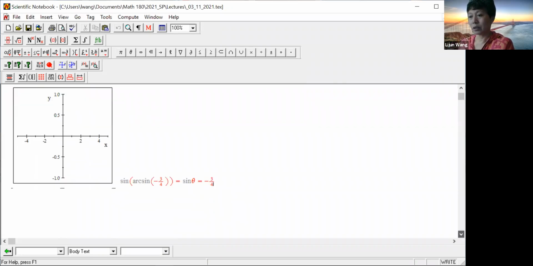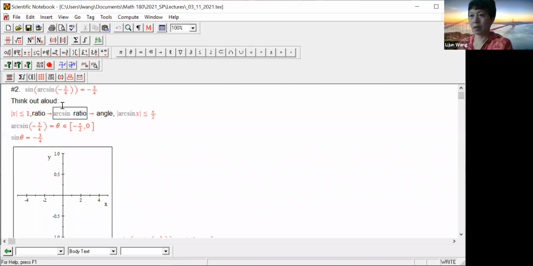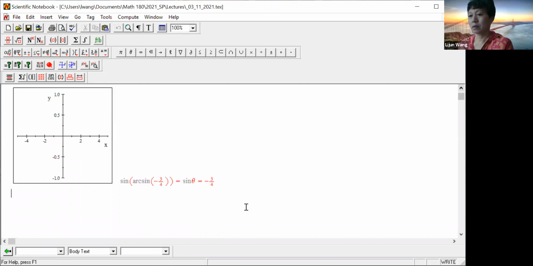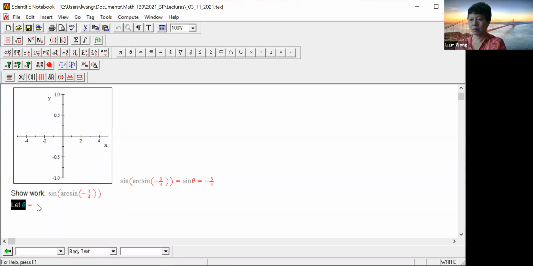So now I'm going to show you the work. How do I show work if you do this? Okay, this is the question. You will say, let theta equal to, or the other way around. You can totally use that.